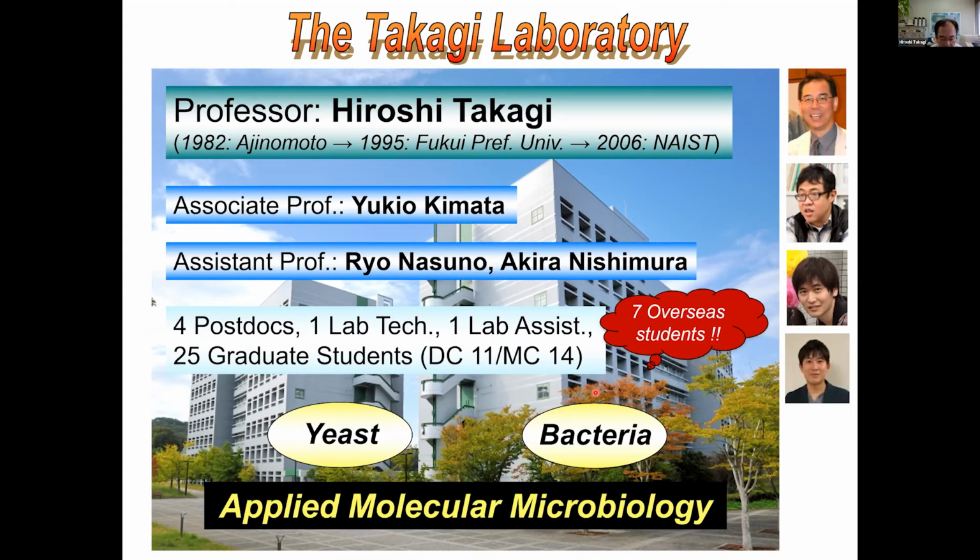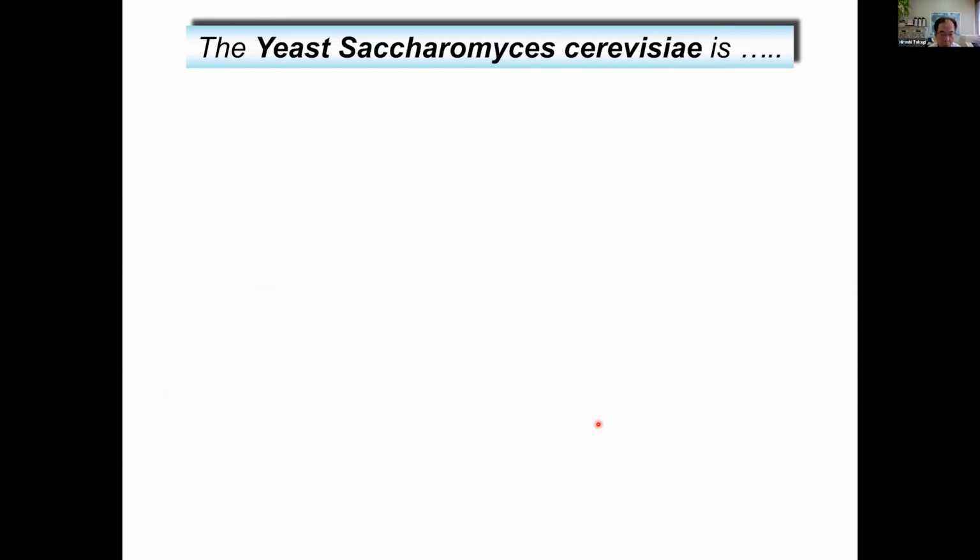My research background is mainly applied molecular microbiology using yeast and bacteria. That covers the basic studies in microbial science and practical application in biotechnology. So I will briefly show you once again the yeast Saccharomyces cerevisiae.